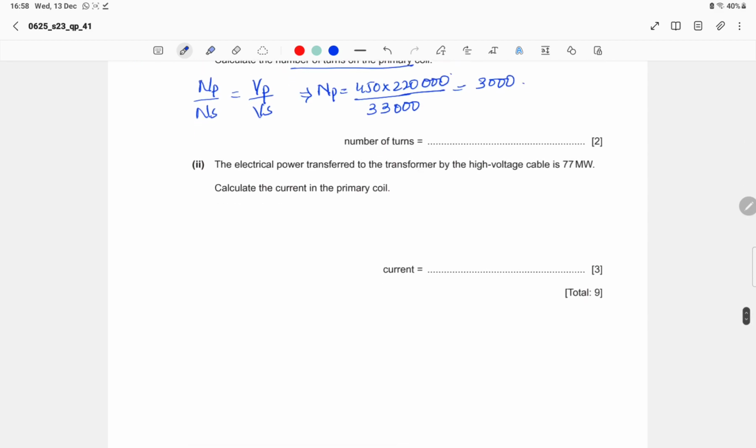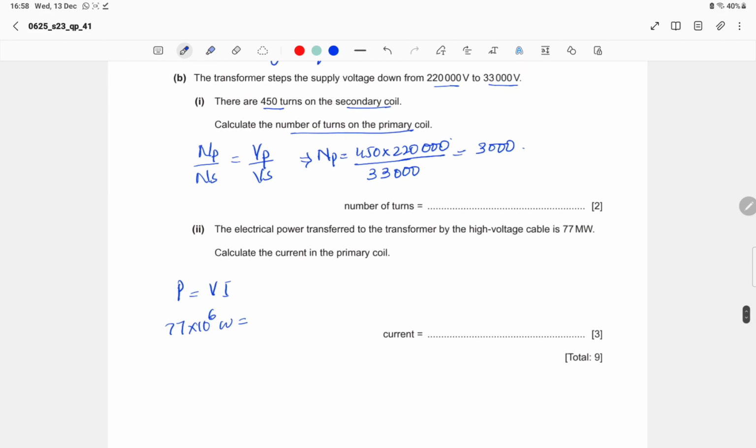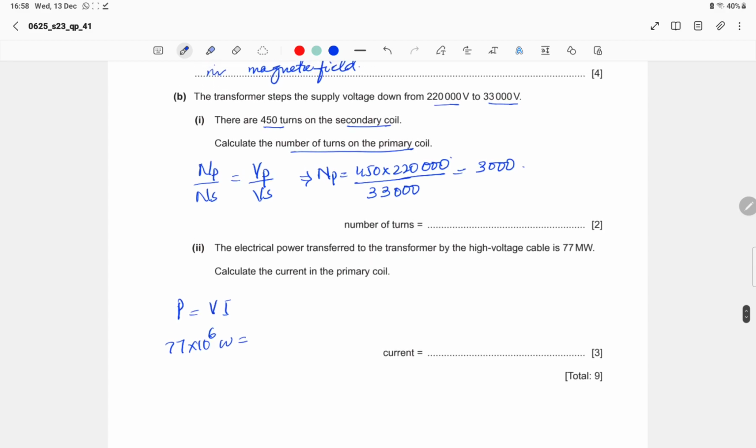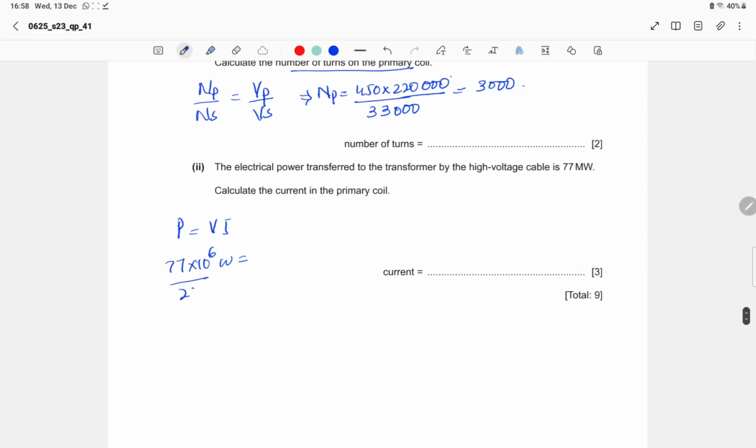The electrical power to the transformer by high voltage is 77. Power is given. Calculate the current. Power is VI, and power is 77 times 10 to the power 6. The voltage is 220,000. Dividing by 220,000 will give you the current, which is going to be 350 amps.